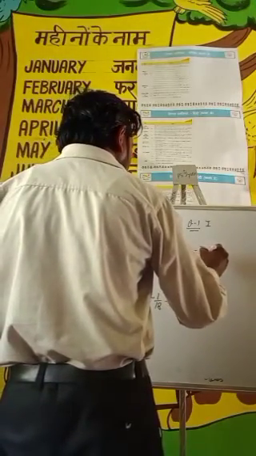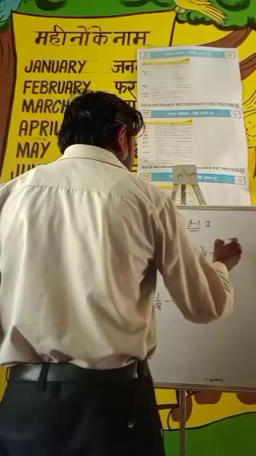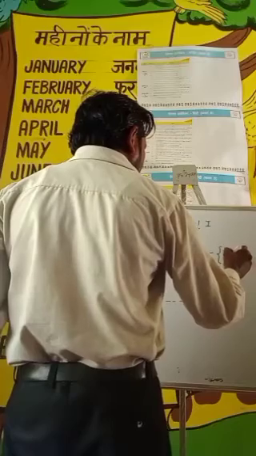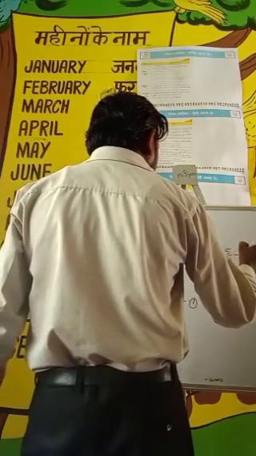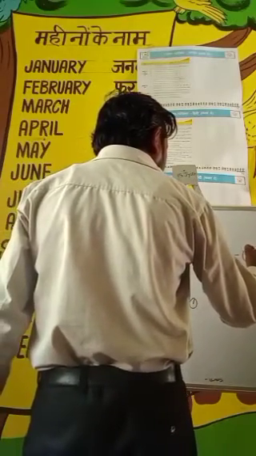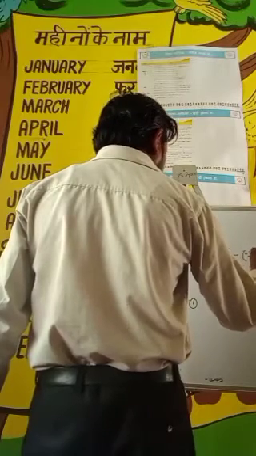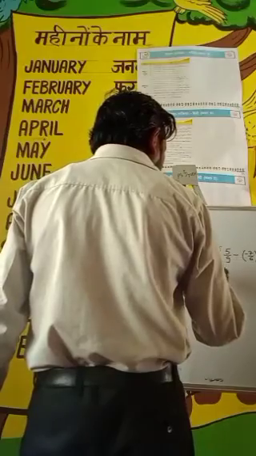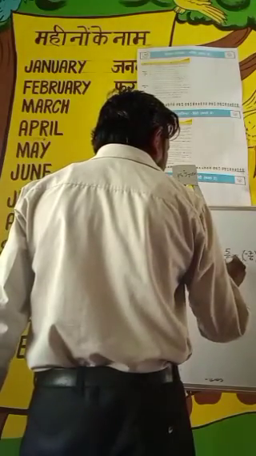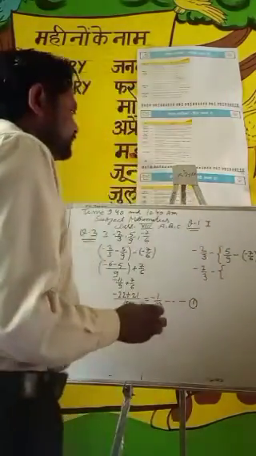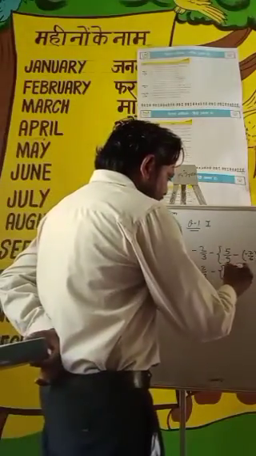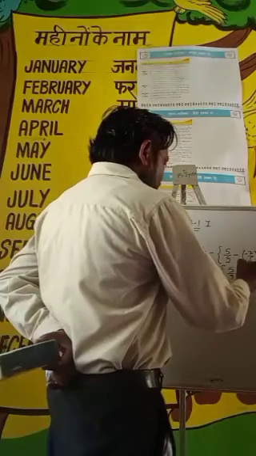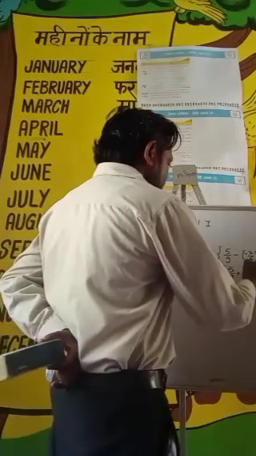Minus 2 upon 3 minus bracket 5 upon 9 minus bracket minus 7 upon 6. Minus 2 upon 3 minus bracket 5 upon 9 plus 7 upon 6.